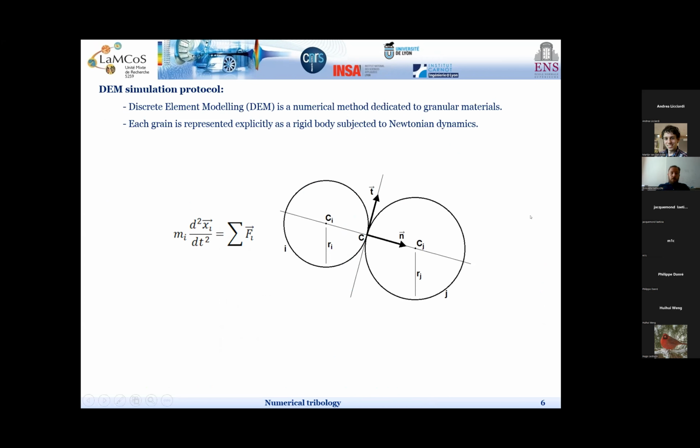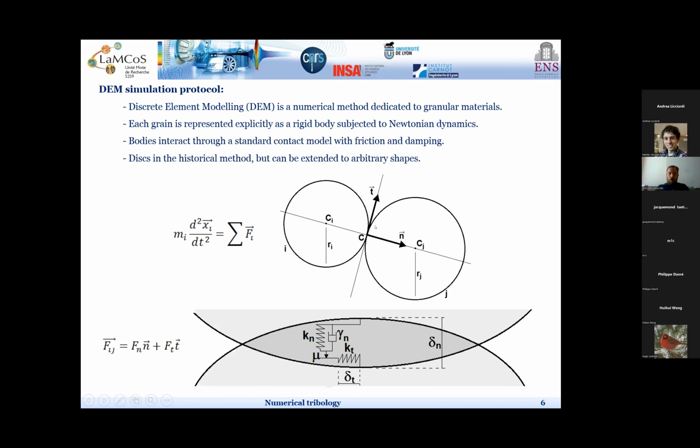It's quite widespread now in granular mechanics. And it's based on this kind of representation where each grain is a solid body with its own dynamics, and where we have interaction between these grains through contact laws which are usually based on simple laws such as friction, damping, and some contact stiffness here, although it can get much more complicated in some cases.